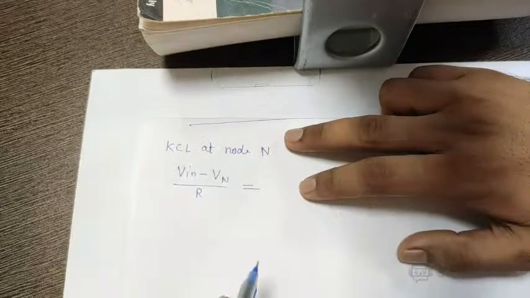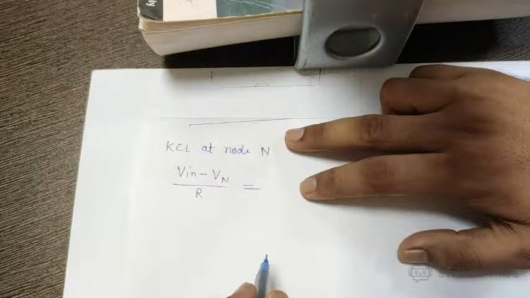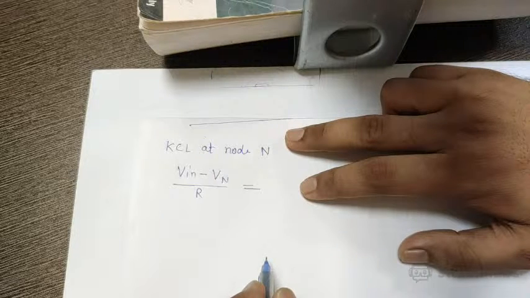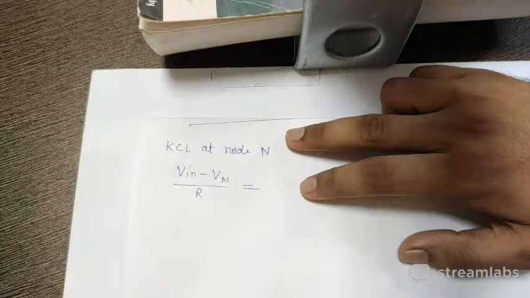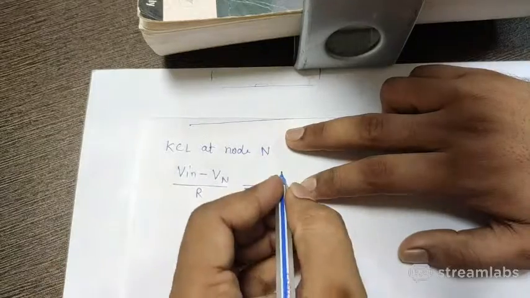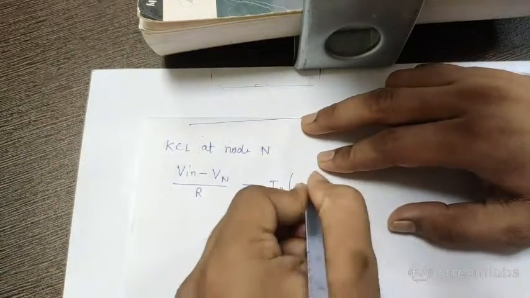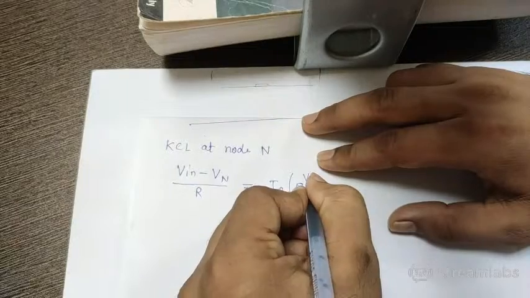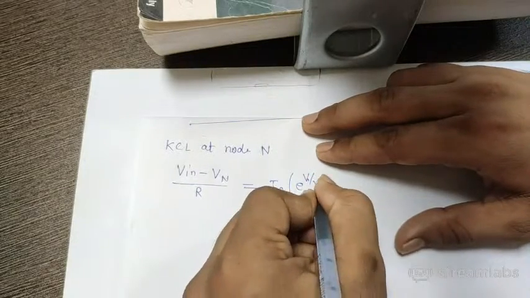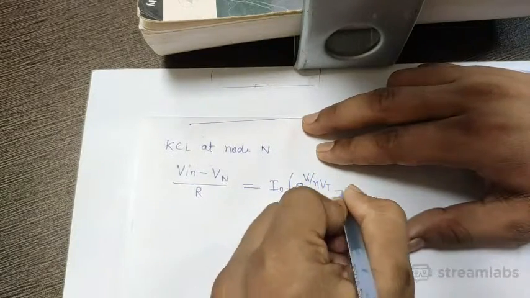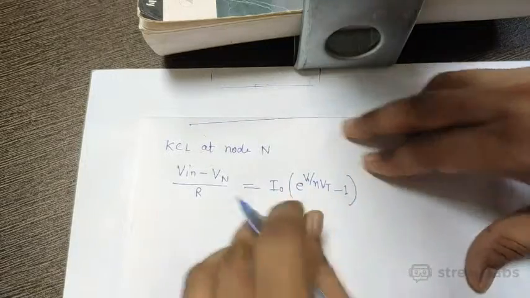We know that the current in the diode is equal to I naught e to the power V, the voltage across the diode, upon eta Vt, minus 1. This is the equation of diode current.